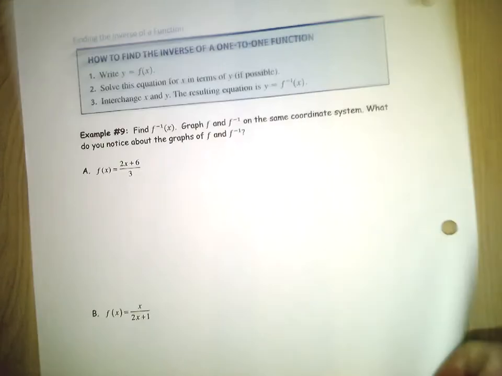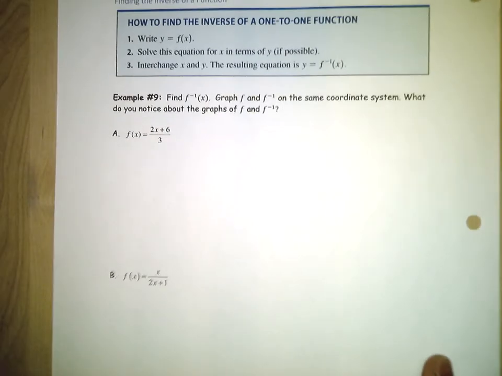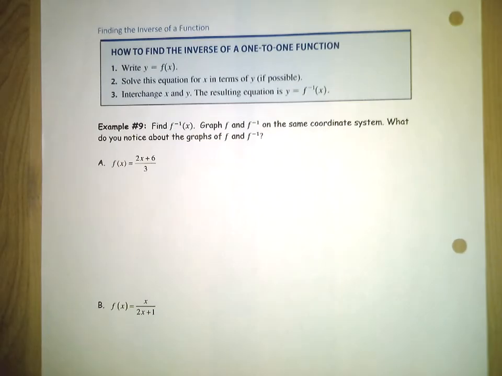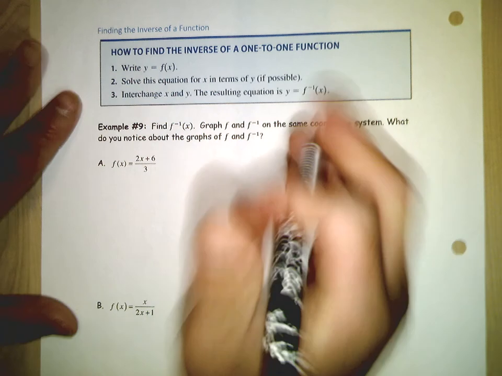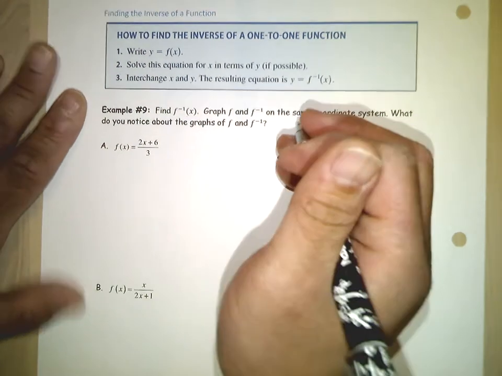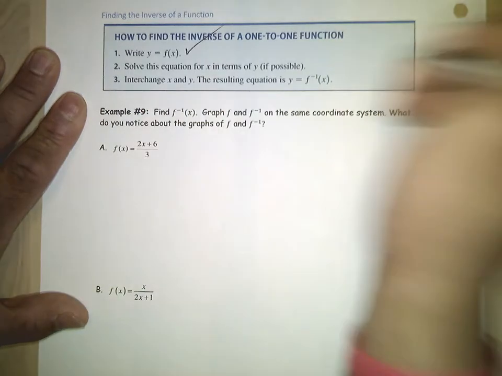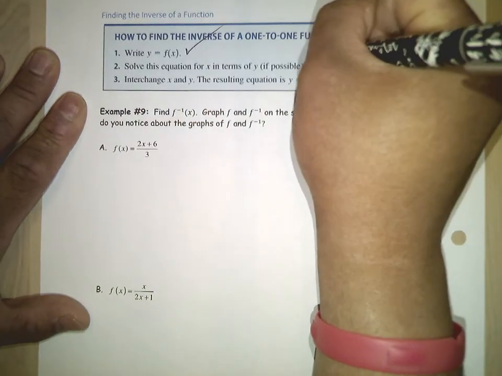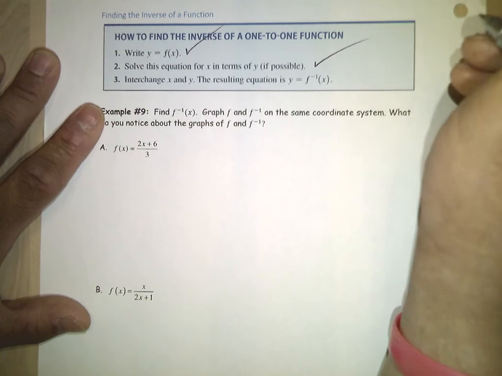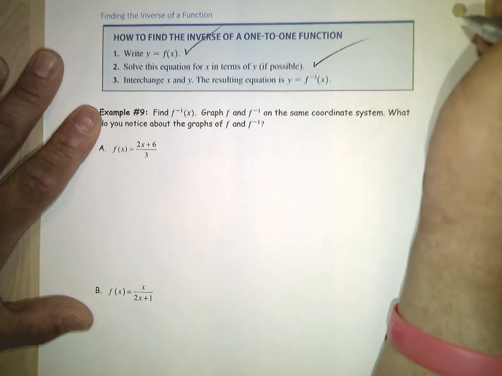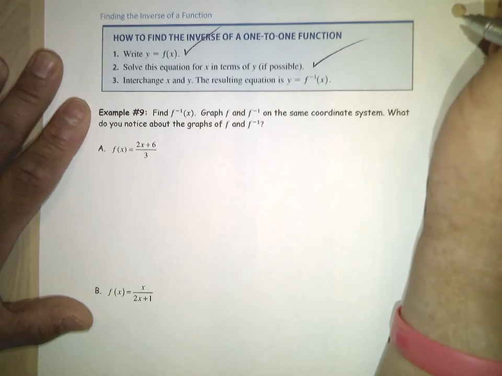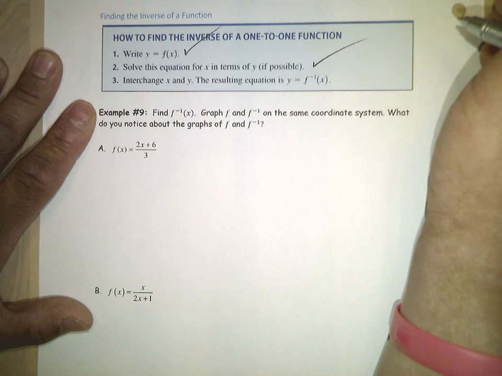So now that we've practiced verifying the inverses, we're going to actually find the inverses. Here are some steps to help you do that. Write y equals f of x, then solve the equation for x in terms of y, if possible, and then interchange x and y in the resulting equation to get y equals f inverse of x.